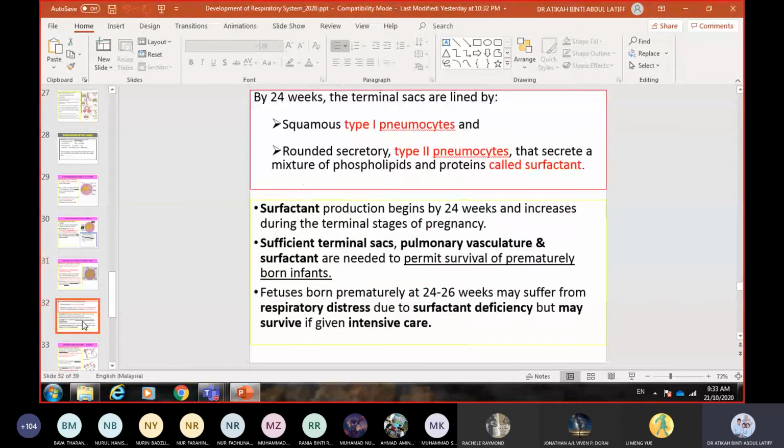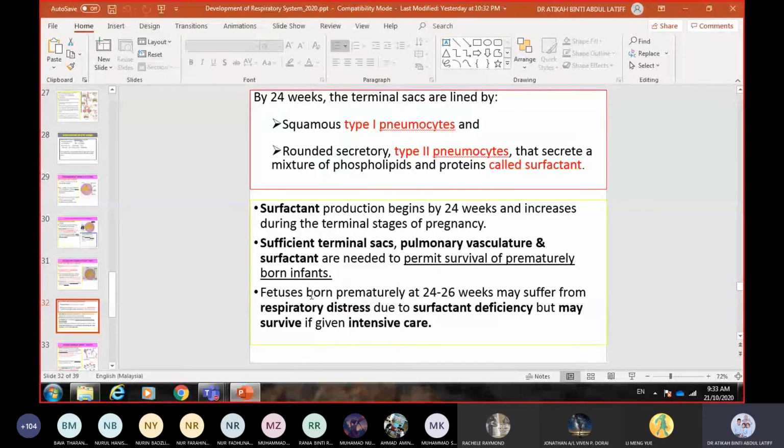Okay, just to touch a bit on the pneumocytes. By 24 weeks, the terminal sacs are already lined by type 1 and type 2 pneumocytes. Because the type 2 pneumocytes create the surfactant, surfactant production begins at about 24 weeks. And for fetuses born, I think I explained all this already.